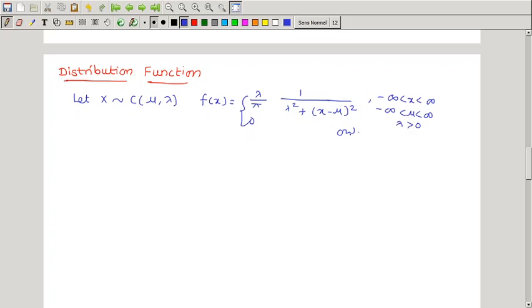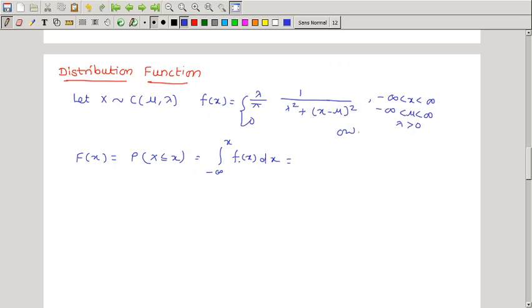Now consider the distribution function of x, that is F of x, which is equal to probability of X less than or equal to x. And for a continuous random variable, how do we find this probability? We take the integration from minus infinity to x of f of x dx, by the definition of the distribution function of a continuous random variable.